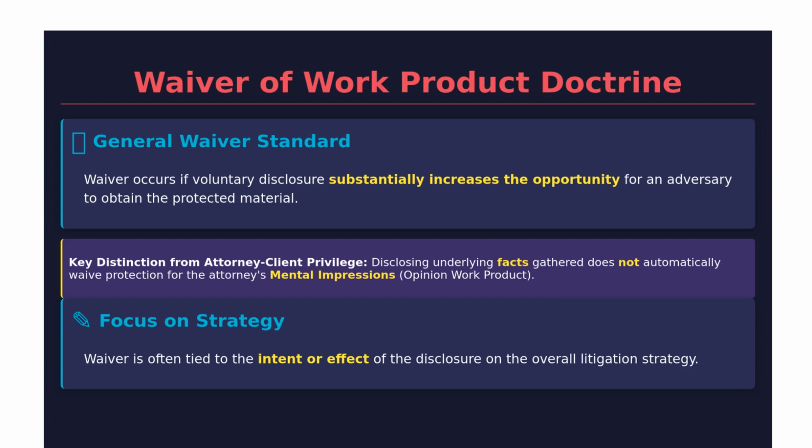While disclosing facts might waive protection for those specific facts if they are not otherwise protected, the core mental impressions remain shielded unless the disclosure clearly demonstrates an abandonment of the litigation strategy itself. The focus here is less on the communication itself, and more on the strategic impact of revealing preparation materials.